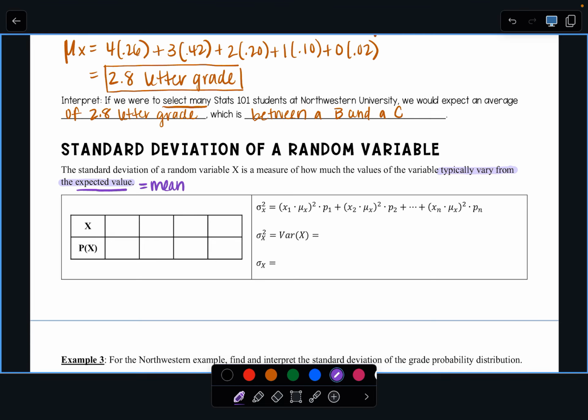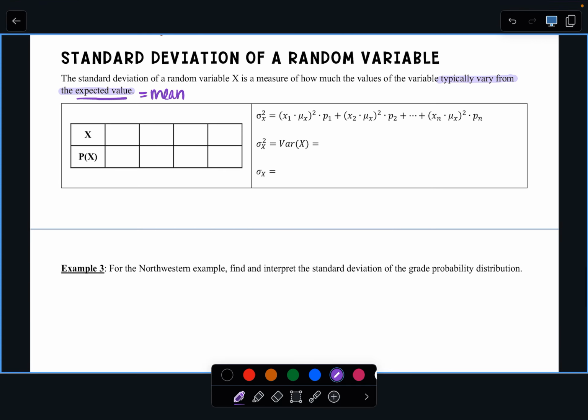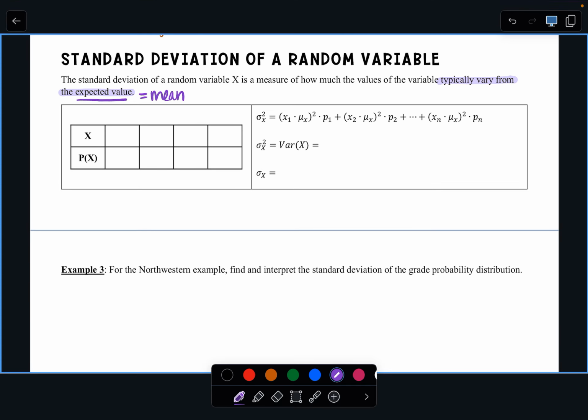If we take it back to normal distributions, most of our data points are within 3 standard deviations of the mean. And so I have my generic example, x1, p1, x2, p2, xn, pn.